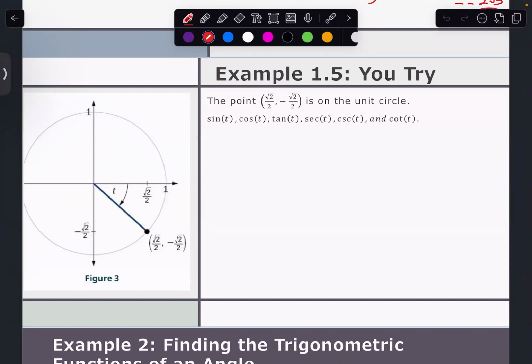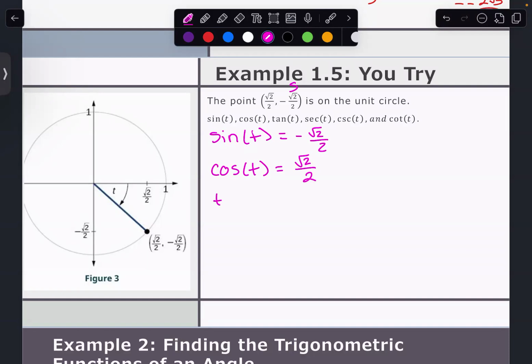Now, that is a lot, considering the problem that we have here, right? But it's actually not too much because these are the same. So we know sine is going to be the second number here, which is negative square root of 2 over 2. We know that cosine is going to be the first number in our ordered pair, which is square root of 2 over 2.